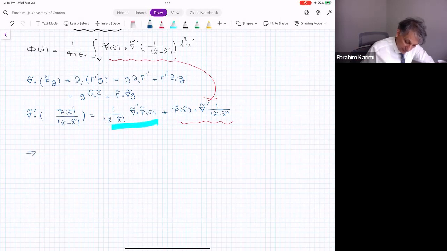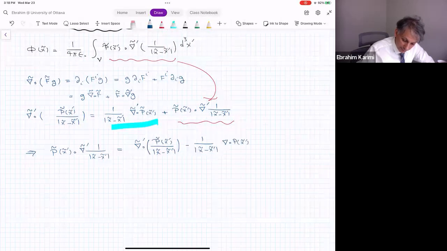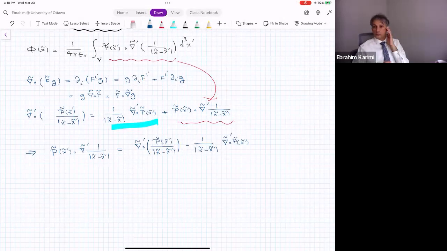Then the expression will be given by P of X prime dot gradient of 1 divided by X minus X prime is equal to divergence with respect to prime index of P of X prime divided by X minus X prime, minus 1 divided by X minus X prime divergence of P of X prime. Good.